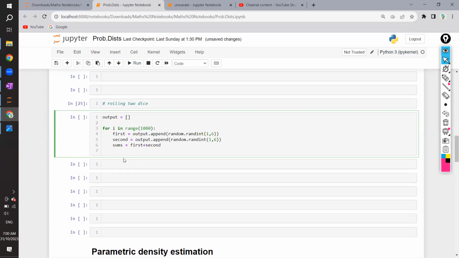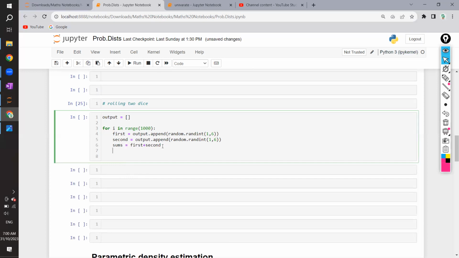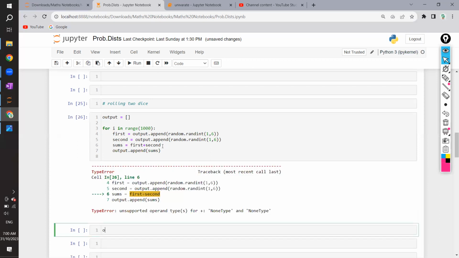Okay, now what you can do, you can just append to this output dot append sums. Okay, fine. Now, why are we appending already?